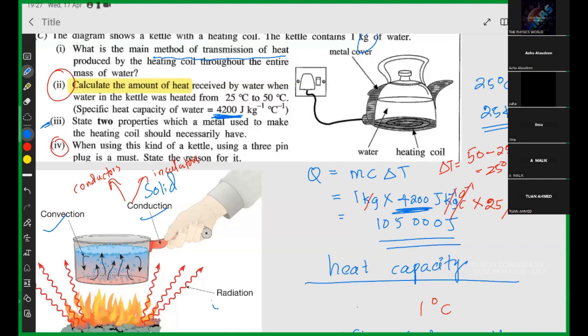So what happens if this heating coil is corroded easily? The rust particles will be mixed with water. So that's not good. So this heating coil should be free from corrosion. So it has to resist corrosion. Those are the 2 characteristics that this heating coil should have.